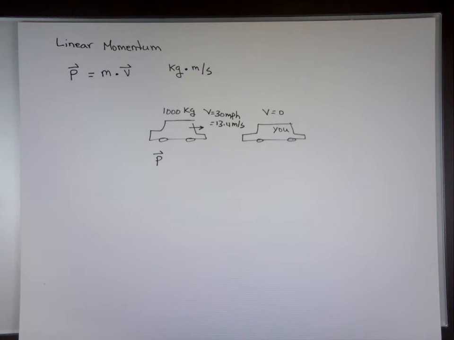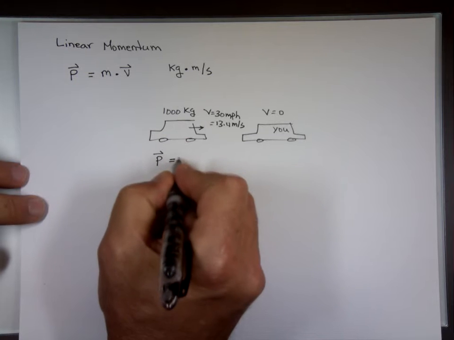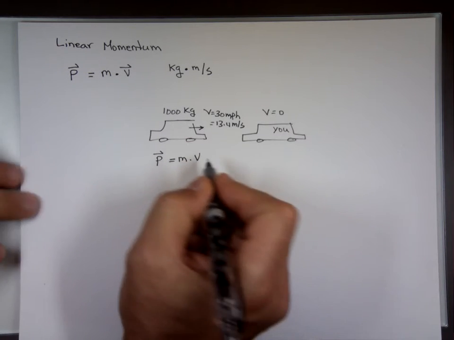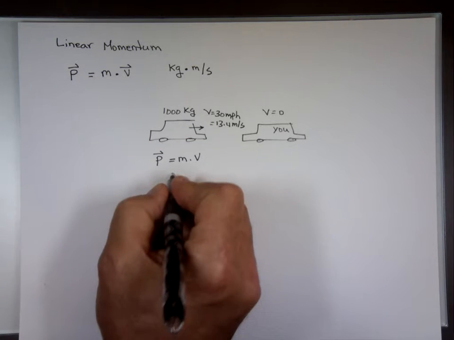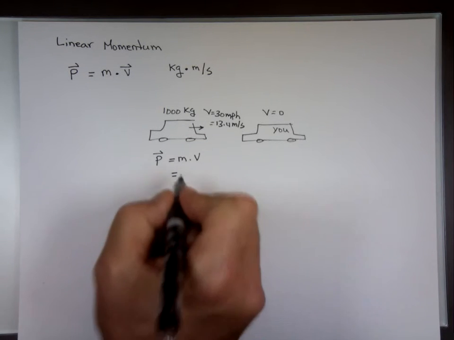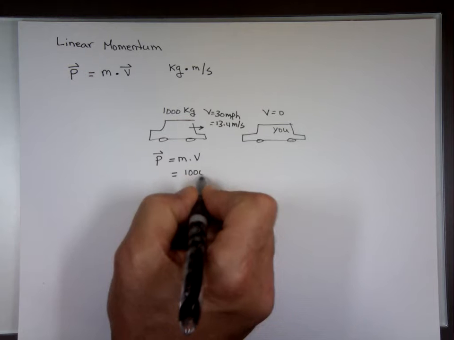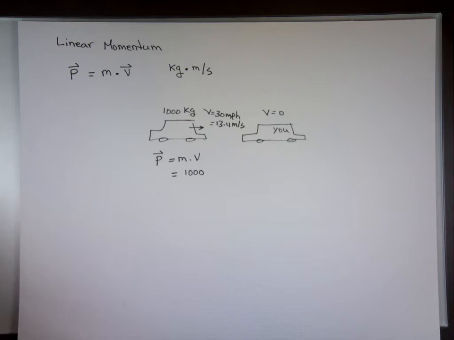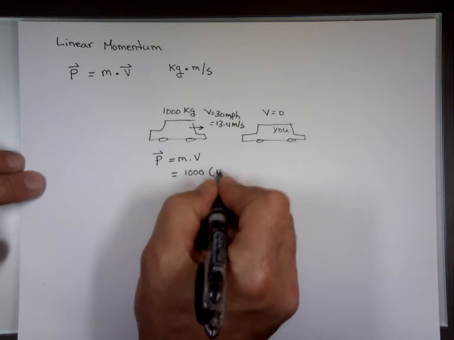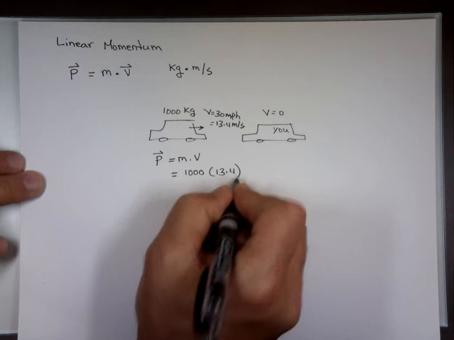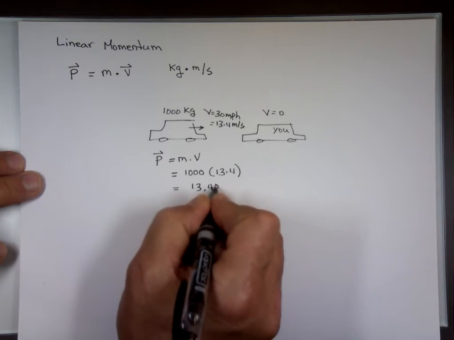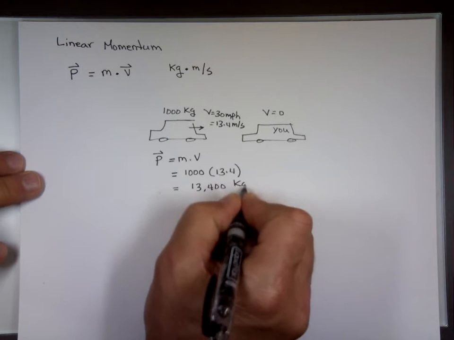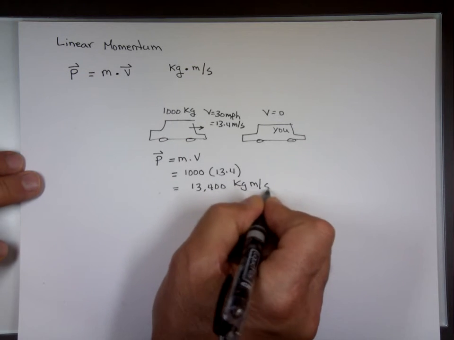It's the mass times the velocity. The mass of the car is 1,000 kilogram times the velocity, 13.4. So that's 13,400 kilogram meter per second.